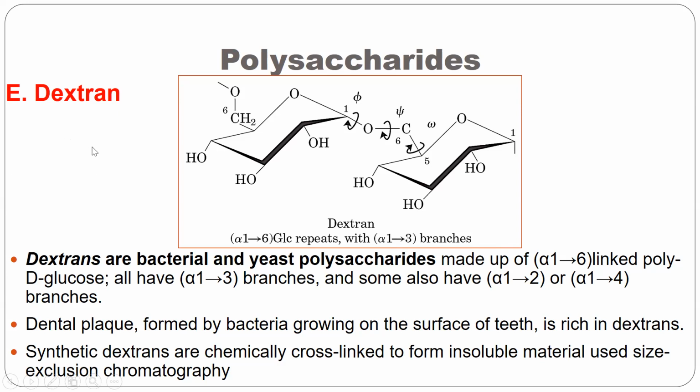In this case, dextran does not have alpha-1,4 glycosidic bonds, but its main straight chain is alpha-1,6 glycosidic bonds, and there is branching through alpha-1,3 and sometimes also alpha-1,2 or alpha-1,4. So it is not specific to one position. It can branch here at carbon 2, alpha-1,2, or at carbon 3.